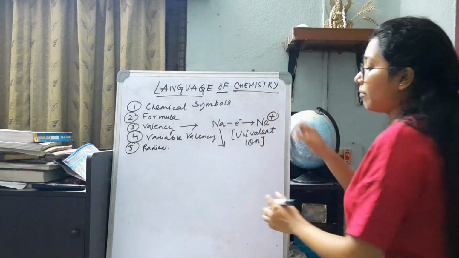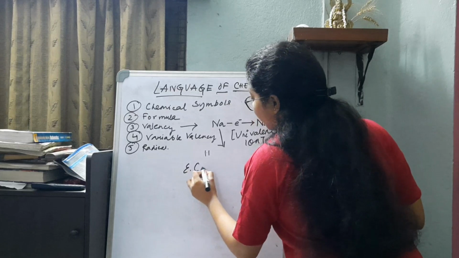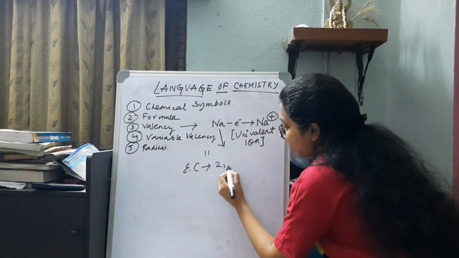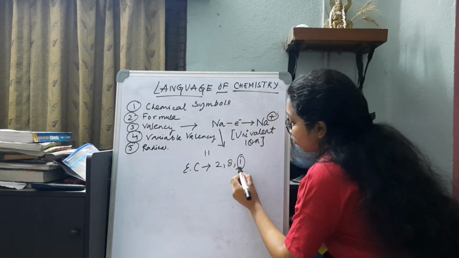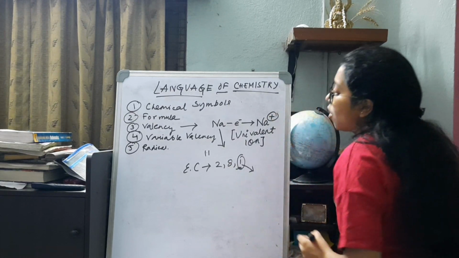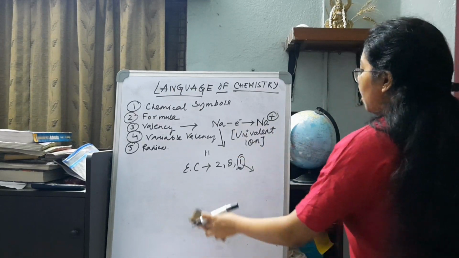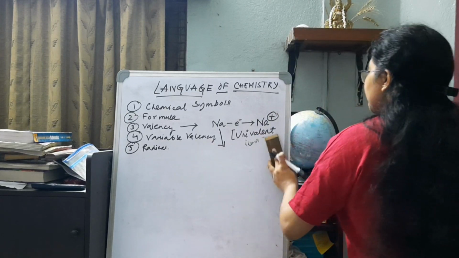For sodium, the atomic number is 11. That means, as per the rule, the electronic configuration is 2, 8, 1. Because it is 2, 8, 1, it can easily lose one electron and form a univalent ion. So the valency of sodium is 1.